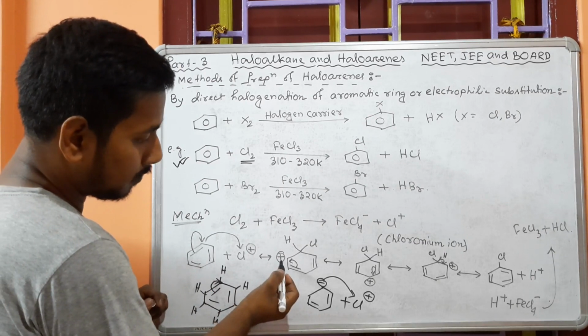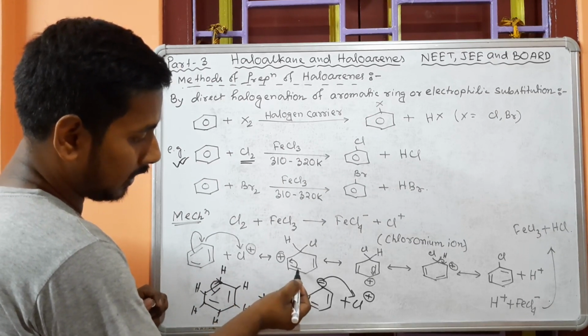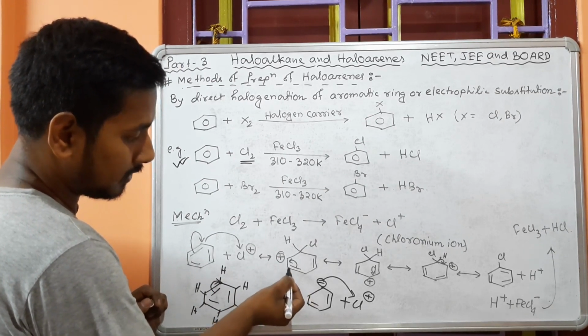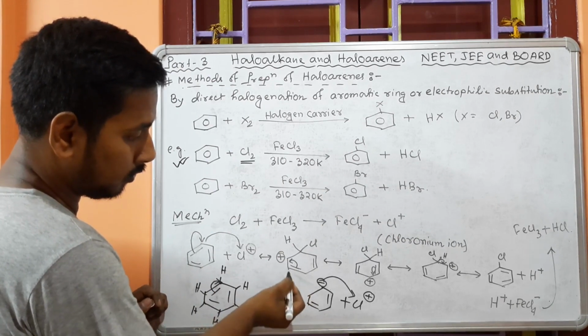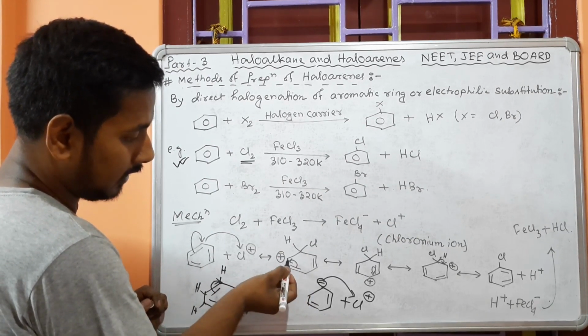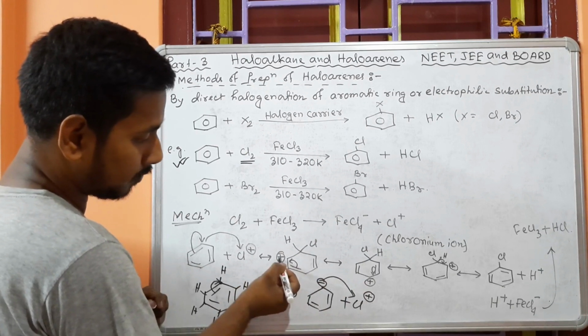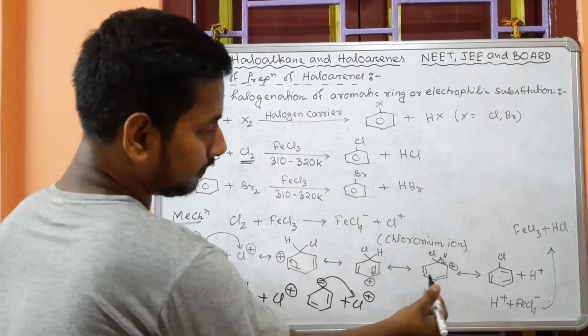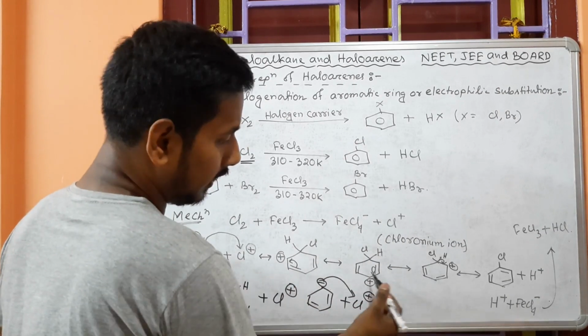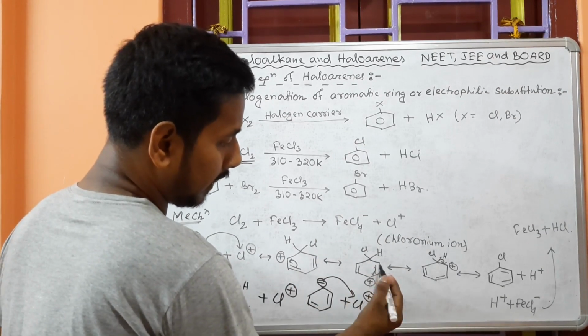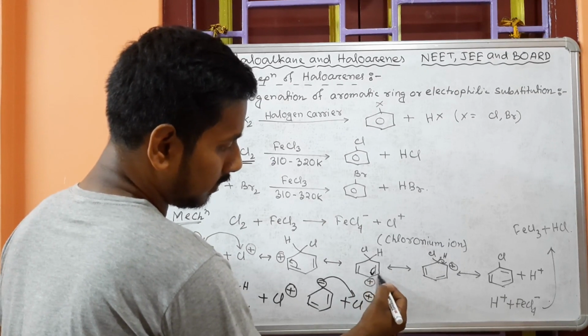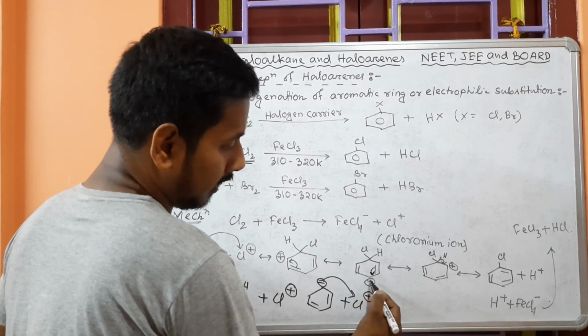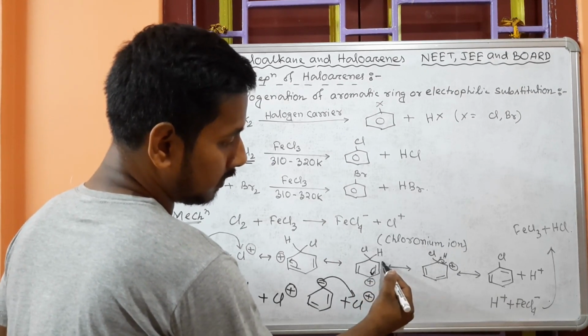When this carbon has a positive charge, the pi bond electrons come here and are shared with this carbon atom, and the positive charge moves there. Very similarly here also: this pi electron is shared with this carbon atom, and the positive charge goes here.